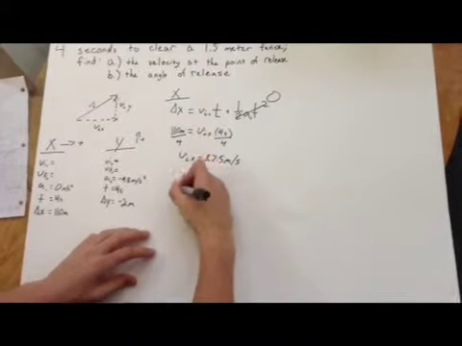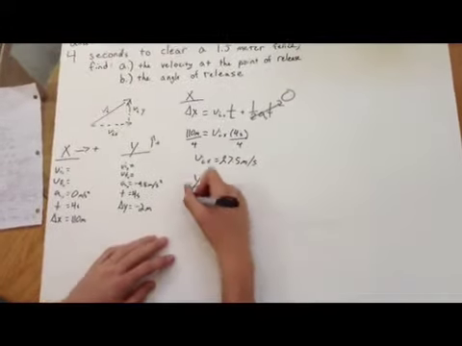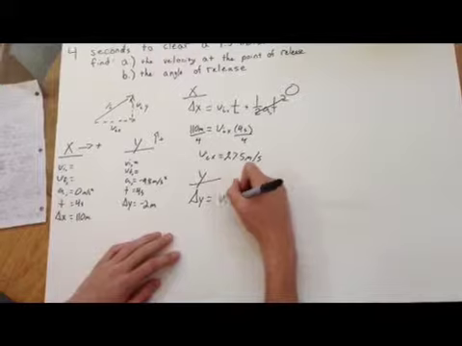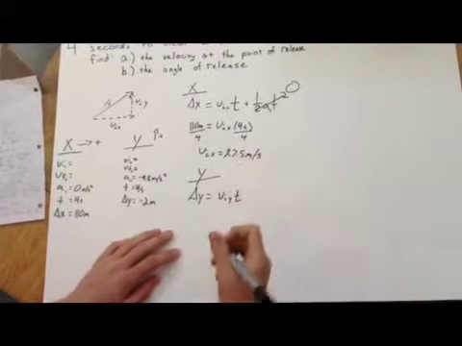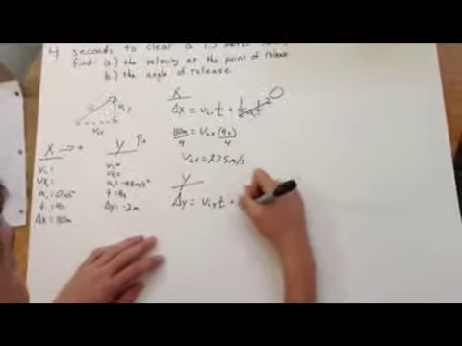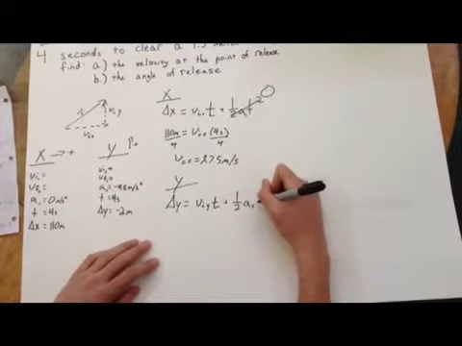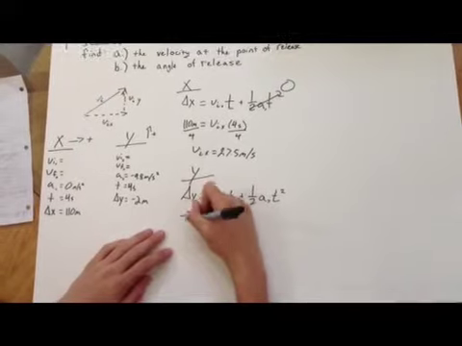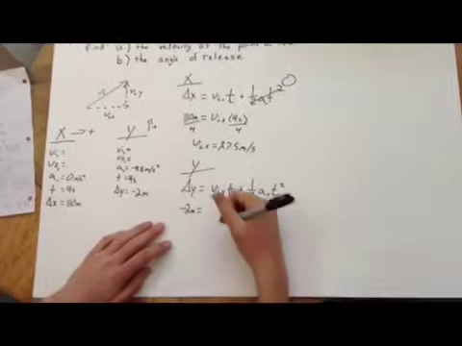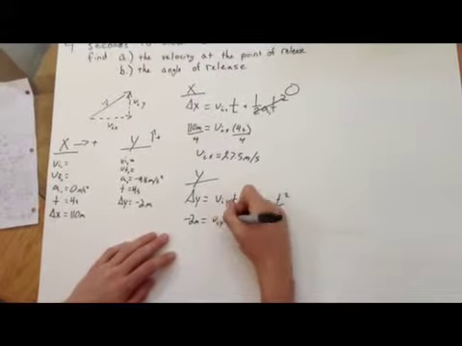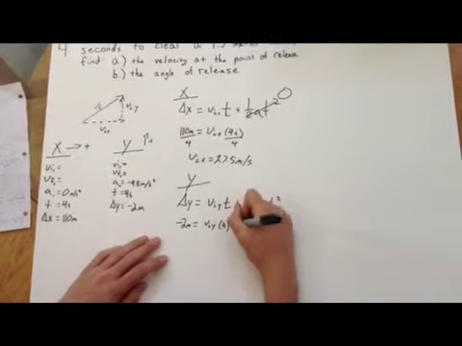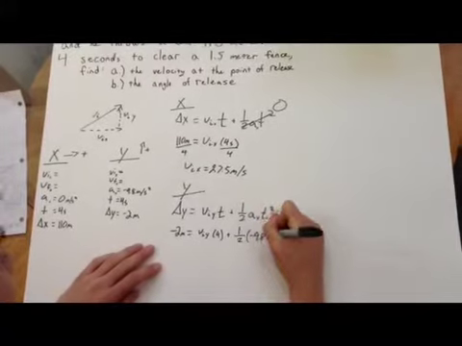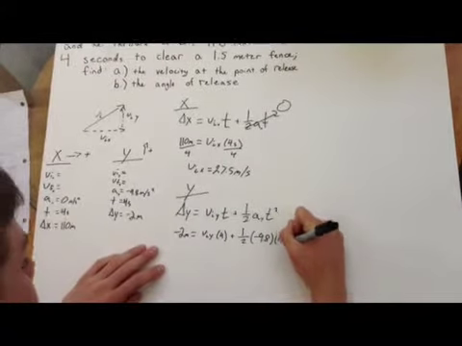Okay, so now for the y direction, we have delta y equals Viy t plus 1/2 a t squared. So this becomes negative 2 meters equals Viy times 4 plus 1/2 times negative 9.8 times 4 squared.